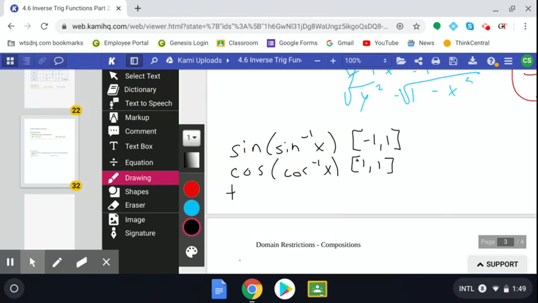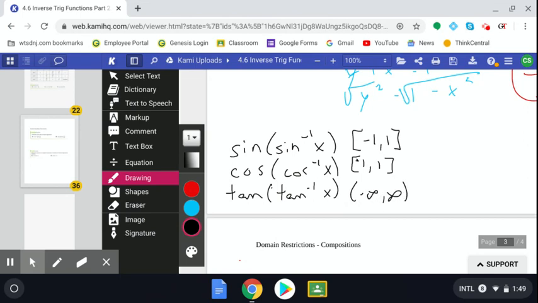For tangent of arctangent, sorry, the domain restriction is actually nothing, negative infinity to positive infinity.